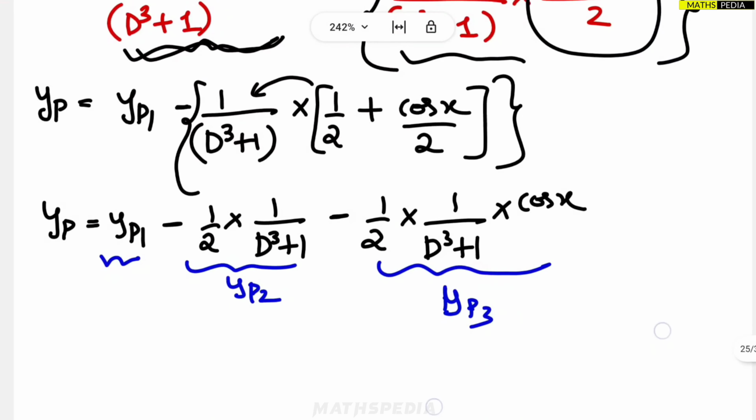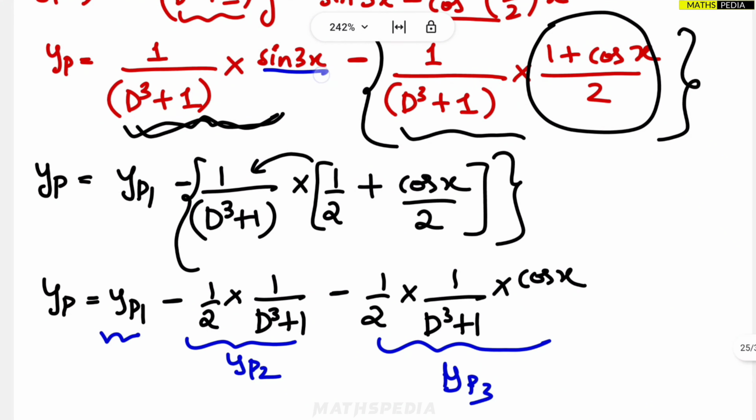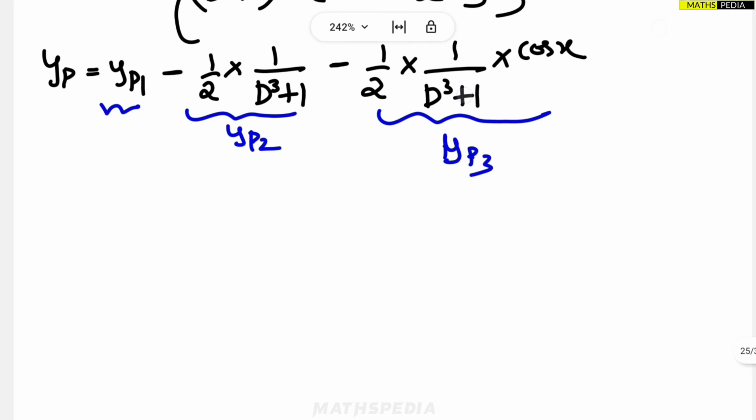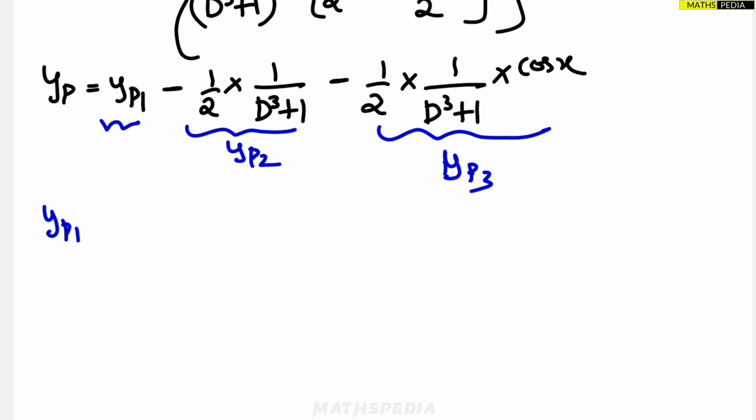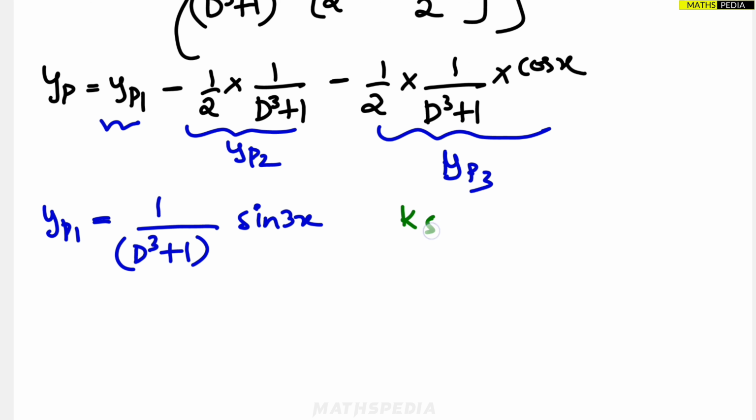So we'll take up yp1, which is nothing but this part, sin x by this thing. So I'll take yp1, which is given by 1 by d cube plus 1 into sine 3x. This was the question. Okay. Now, as I said before also, this is in the form of sine ax, right? A is given, a is nothing but here 3.